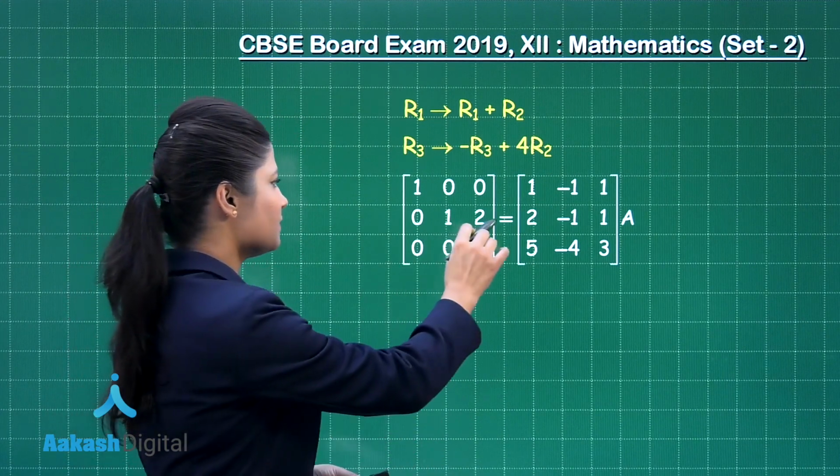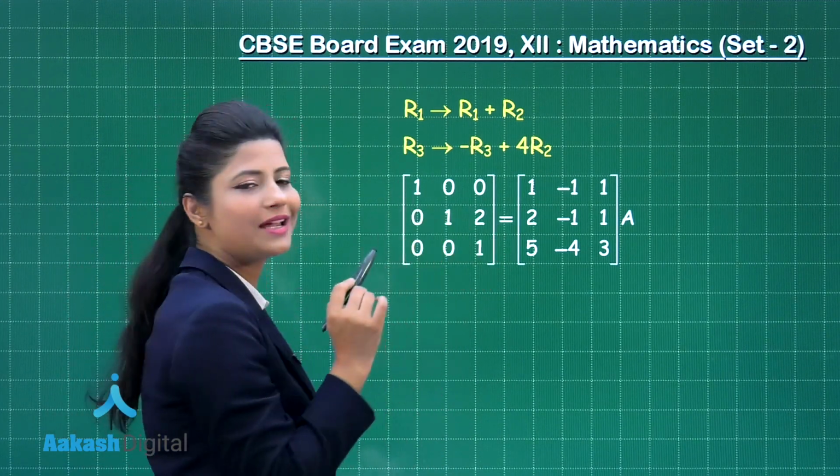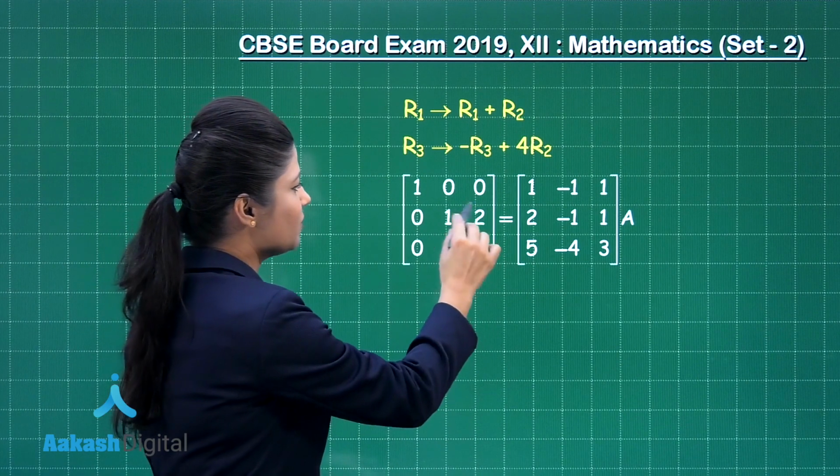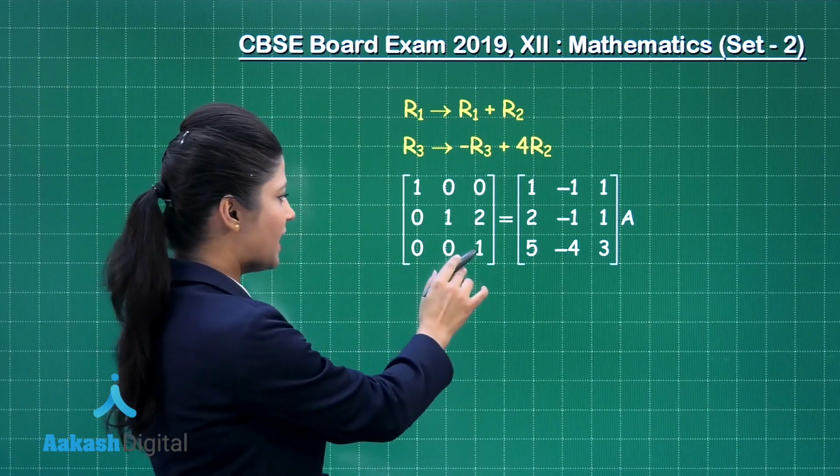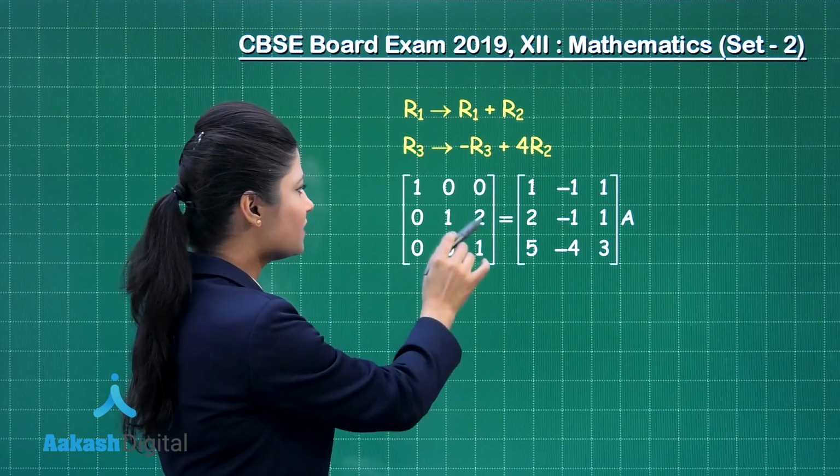After that, you can observe here you are just left with 2 in the second row. So if this 2 becomes 0, this will become an identity matrix. And how it will become 0? If I subtract twice of R3 from this.